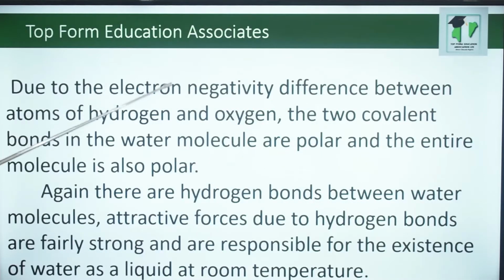Due to the electronegativity difference between atoms of hydrogen and oxygen, the two covalent bonds in the water molecule are polar, and the entire molecule is also polar. Again, there are hydrogen bonds between water molecules. Attractive forces due to hydrogen bonds are fairly strong and are responsible for the existence of water as a liquid at room temperature.